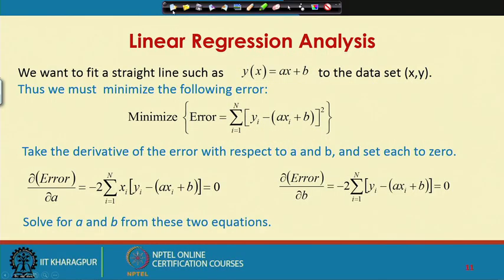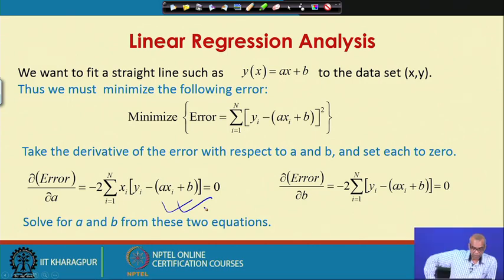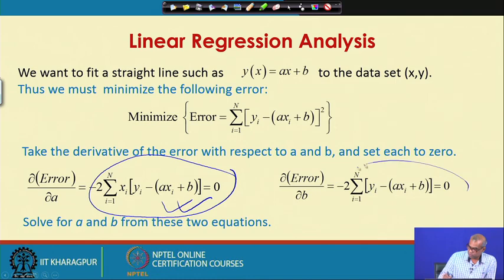So, here we will have two equations. We solve these two equations simultaneously and get the values of a and b. So, we take the derivative of the error with respect to a, we have this equation. We take the derivative of error with respect to b, we have this equation.